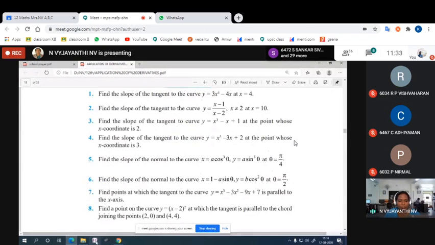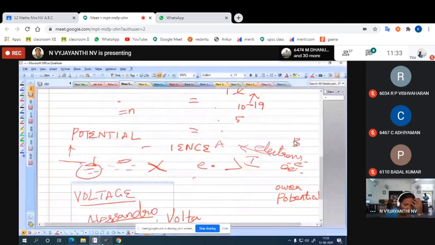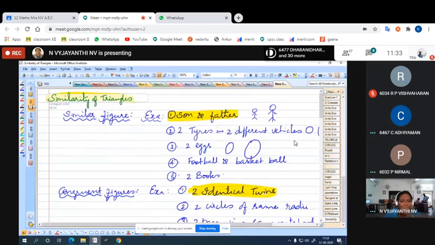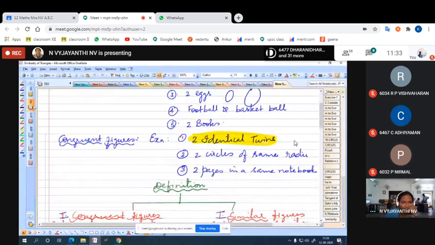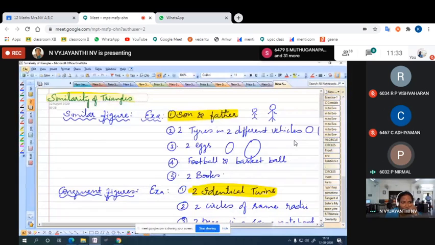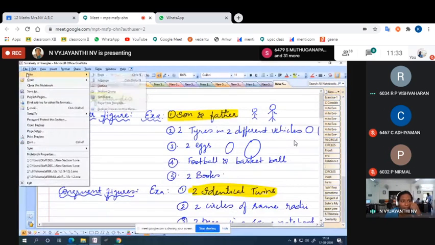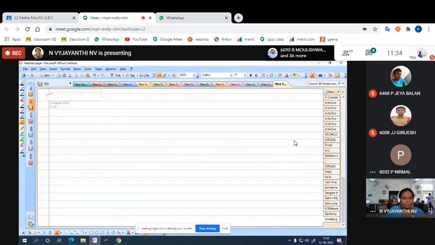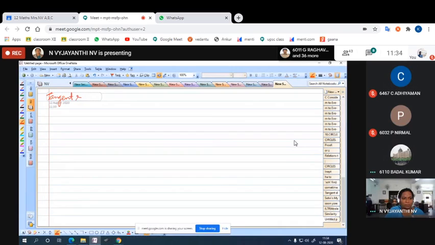So what is the slope of the tangent? dy by dx. Otherwise? m. Okay. Otherwise? Tan theta. Otherwise? y dash.